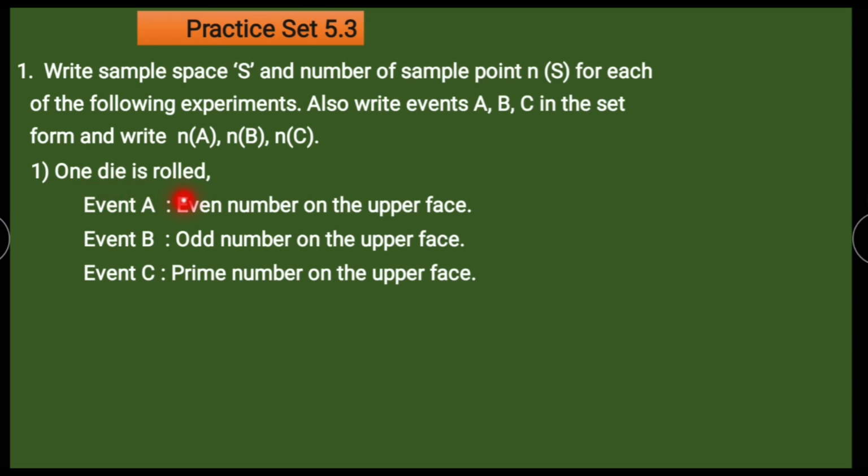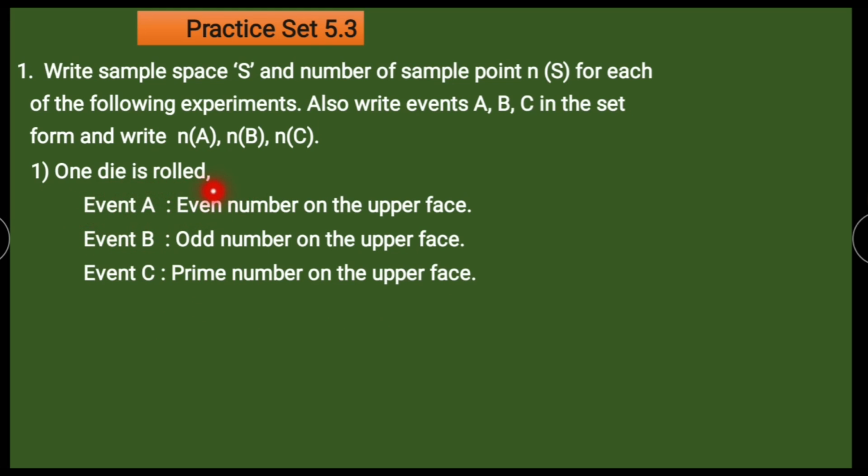One die is rolled. Event A is even number on the upper face. Event B is odd number on the upper face. Event C is prime number on the upper face. So here one die is rolled.